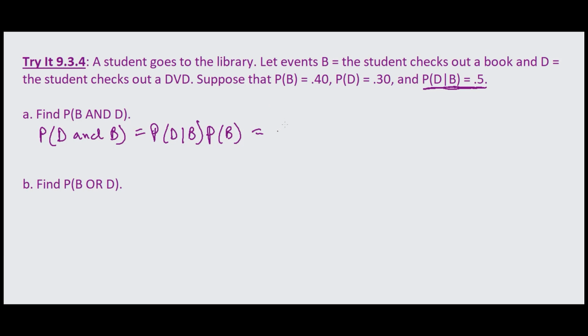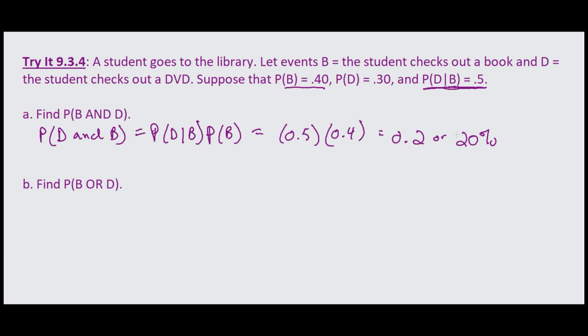D given B we're given as 0.5. Probability of checking out a book is 0.4. 0.5 times 0.4 equals 0.2 or 20%. So the probability of checking out a DVD and checking out a book is 20%.